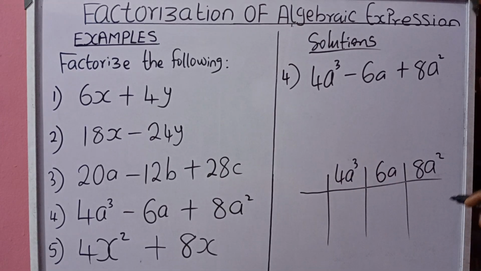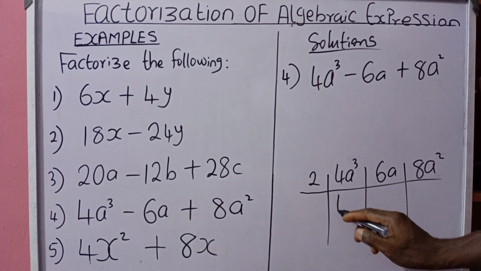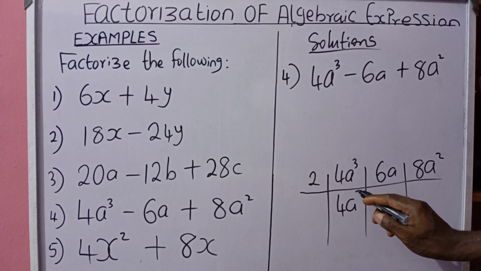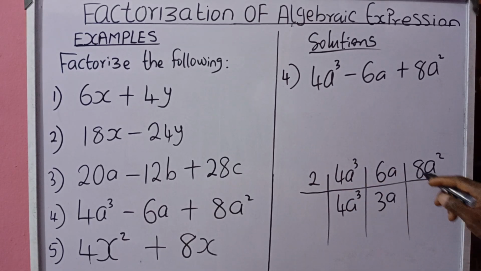What number can run through? That is 2. 2 divide 4a cubed will give us 2a raised to power 3. Then 2 divide 6a will give us 3a. Then 2 divide 8a squared will give us 4a squared. What else can divide?